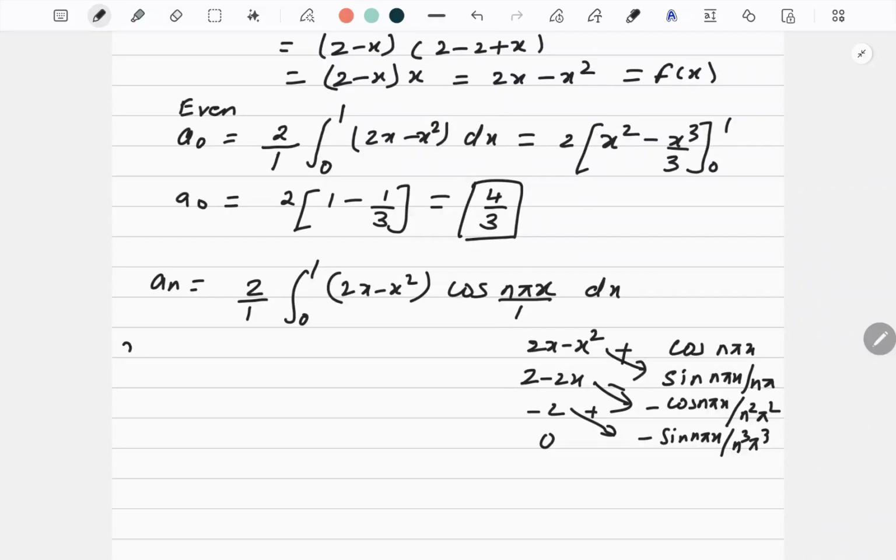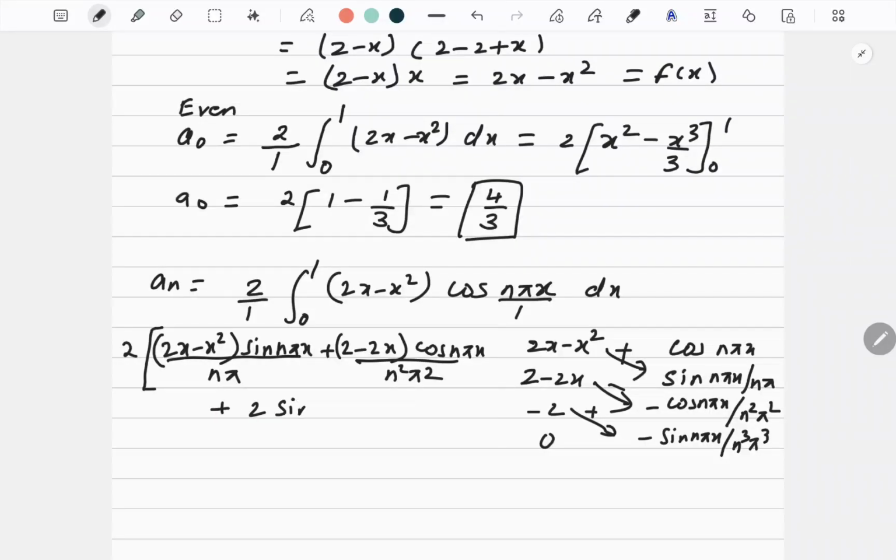So you will have 2, and in bracket (2x minus x square) sine n pi x upon n pi, then plus (2 minus 2x) cos n pi x upon n square pi square, then the third arrow, so plus 2 sine n pi x upon n cube pi cube.